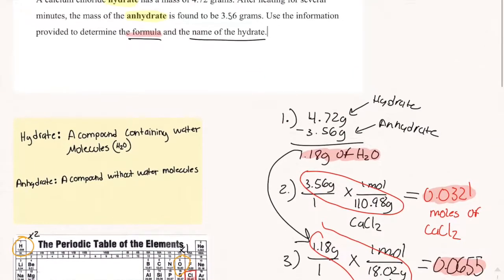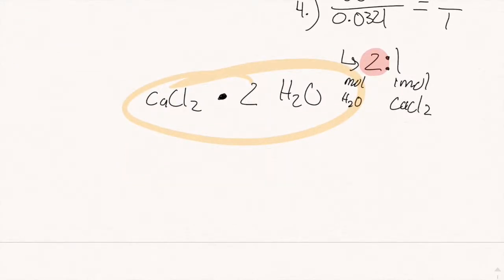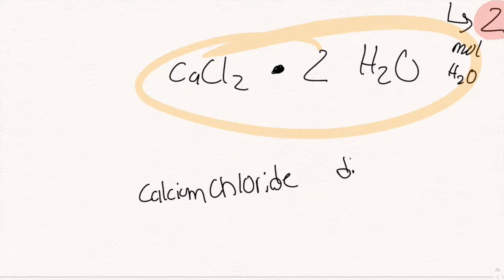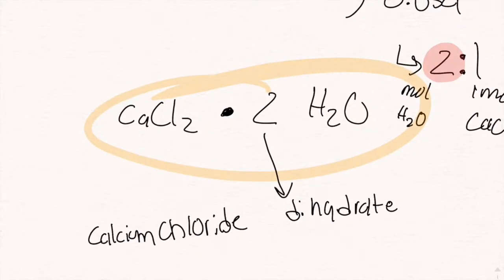The problem also asks us to name the hydrate. So the name of this hydrate would be calcium chloride dihydrate. The di came from the 2 right here, and hydrate came from H2O, because again, hydrate means a compound containing water.